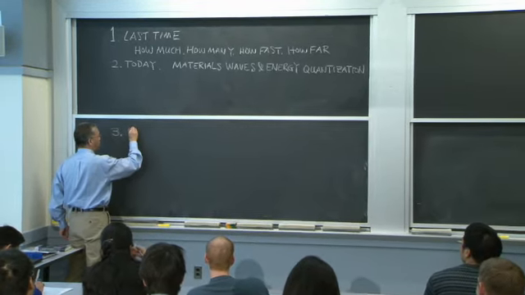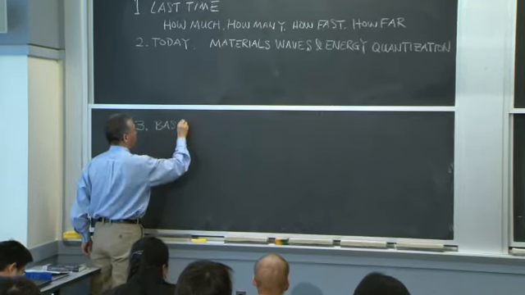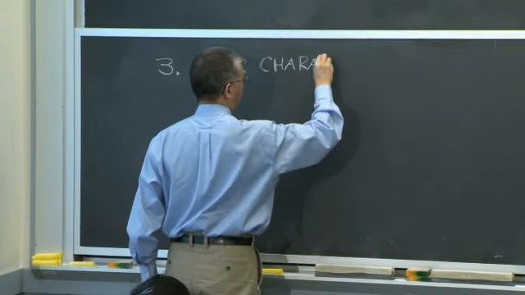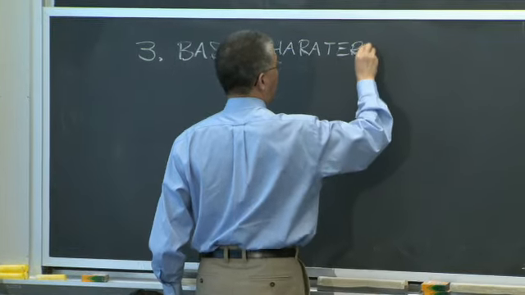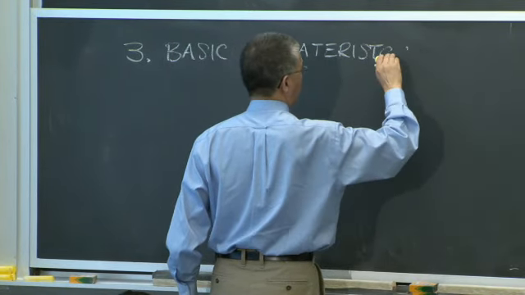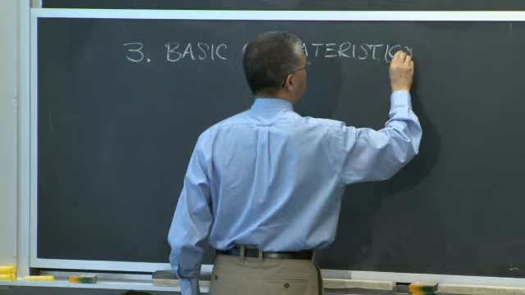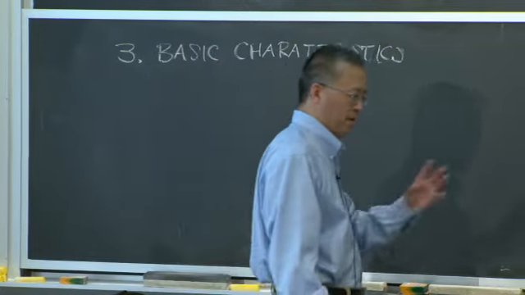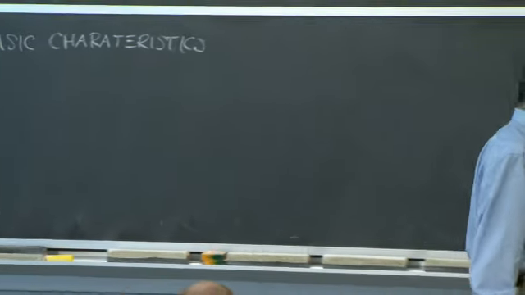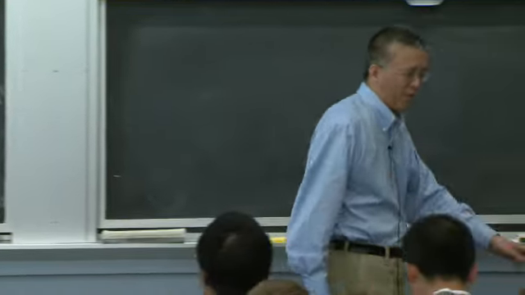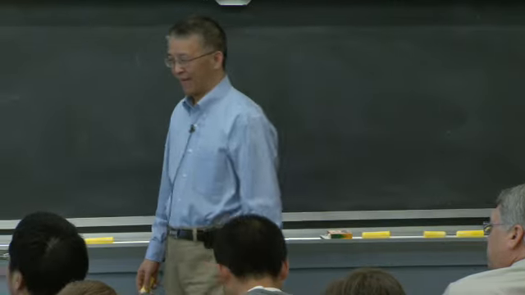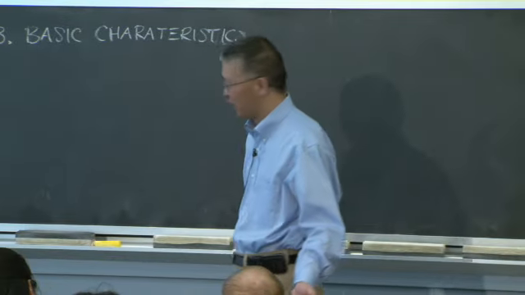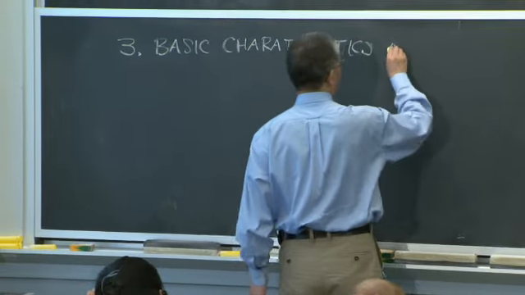What are the basic characteristics of waves? You have phase, but going even more basic: amplitude, wavelength, frequency. These are the basic characteristics of waves.